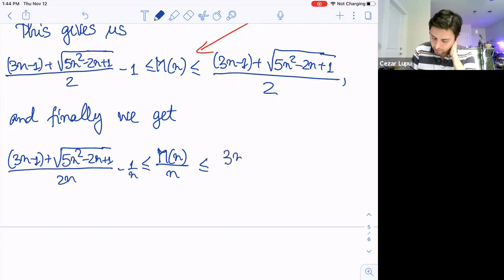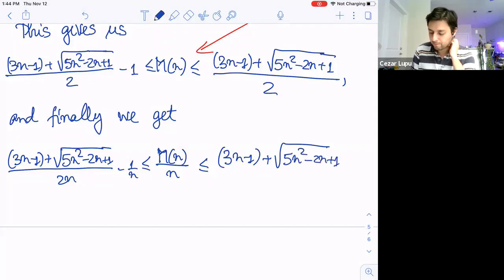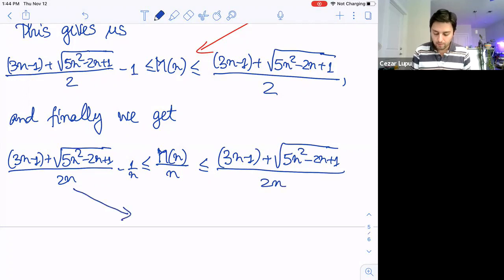And this will be 3n minus 1 plus the square root of 5n squared minus 2n plus 1, everything over 2n. And now, can you tell me what this converges to as n approaches infinity?